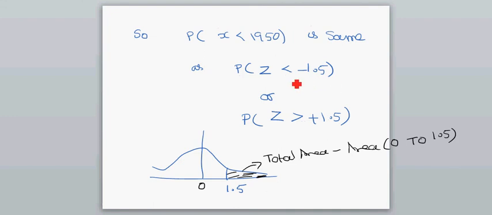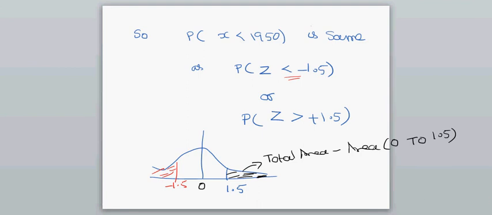So now we have to calculate the probability of z less than minus 1.5. Observe, saying z less than minus 1.5 is the same as z greater than plus 1.5. That means the area right of plus 1.5 or the area left of minus 1.5. These two areas are the same, but it is better to start with 0 to positive 1.5. So we have to calculate the area above 1.5.